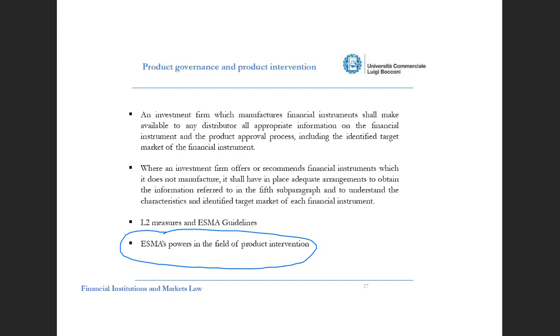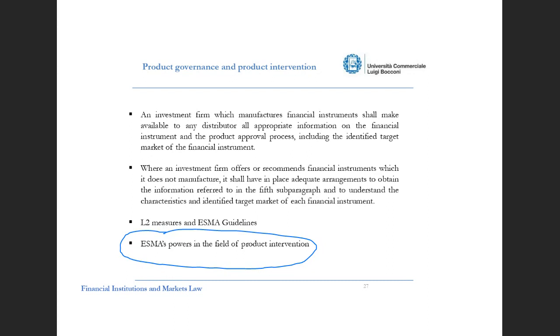These measures of product intervention are very, very tough. They can be temporary or they can be permanent, depending on allocation of powers between ESMA and ESAs. I don't want you to be bothered about that, but keep in mind that product governance has its extreme manifestation in the product intervention environment, where supervisors can step in and simply say these products cannot be on the market for retail investors.